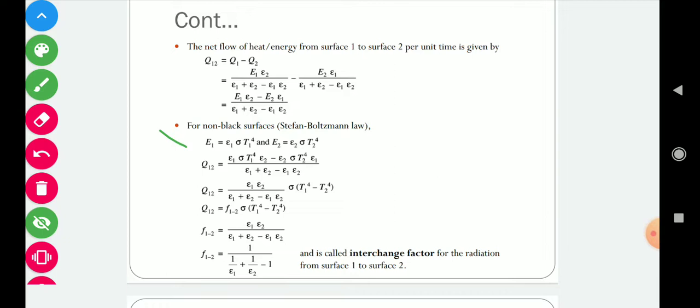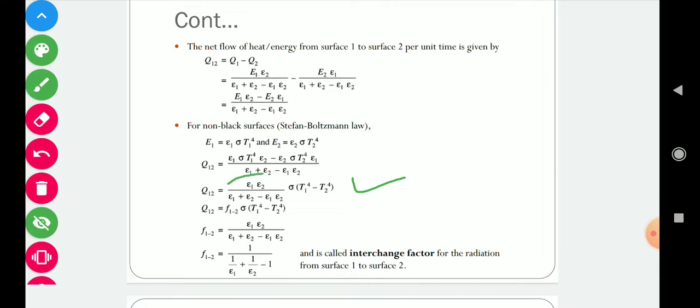So if we replace this E1 and E2 in this equation, then this Q12 can be written in this form. And if we further simplify this equation like this, then we get this equation.